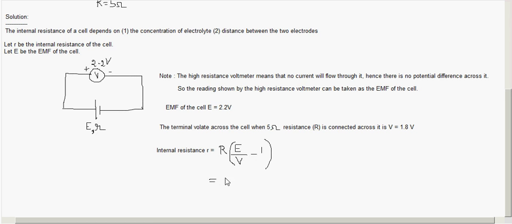R is given, that is r equal to 5 into 2.2 divided by 1.8 minus 1.